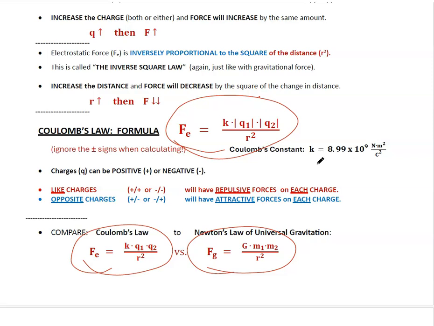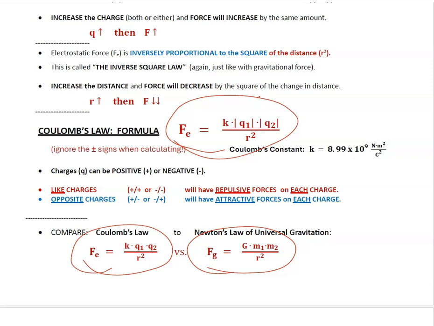In the right formula, the formula for gravitational force, you see it's equal to some constant. That constant is capital G. And we multiply it by two masses because masses are what are responsible for gravitational force. And then we divide it by the distance between those two masses squared.